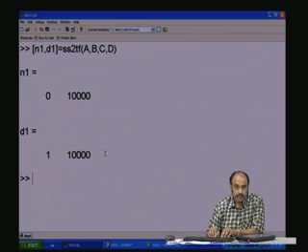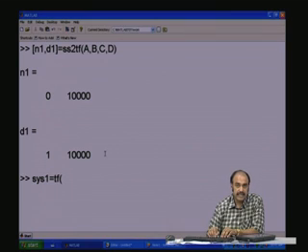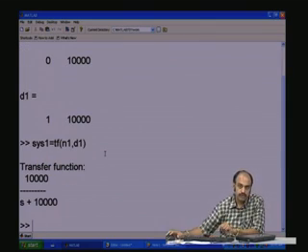So, what we can do is we can represent the system in the transfer function form using this numerator polynomial and denominator polynomial in a more friendly form using the TF function. So, TF, you input the numerator and the denominator polynomials n1, d1. So, that will give you this.